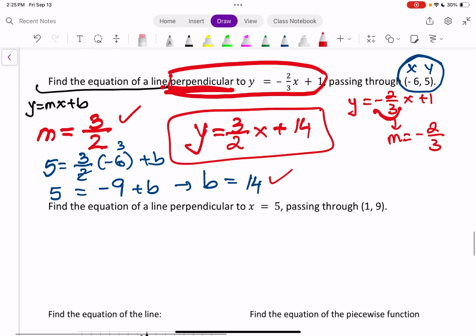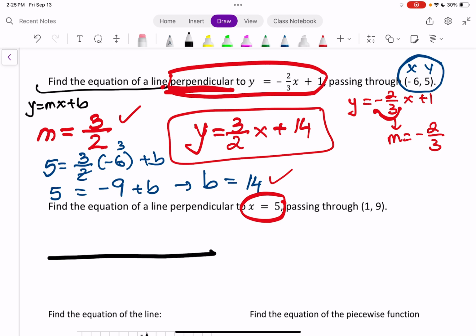Now the next question is a little bit tricky because it says to find the equation of a line perpendicular to x equals 5. When I'm looking at x equals 5, I don't know what the slope is. It's not in y equals mx plus b format. So just think of it for a minute.